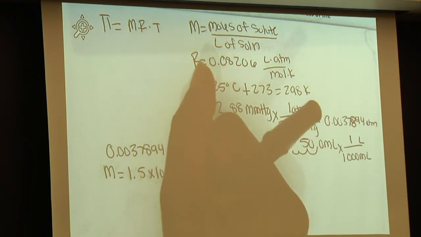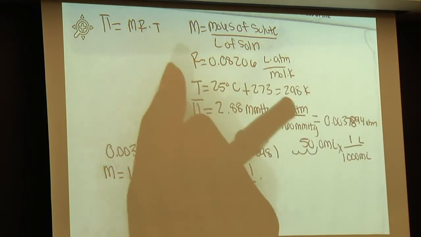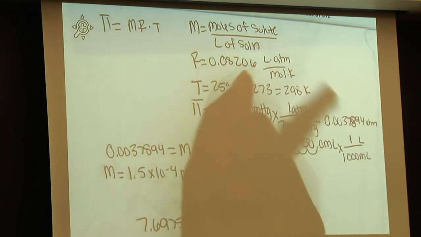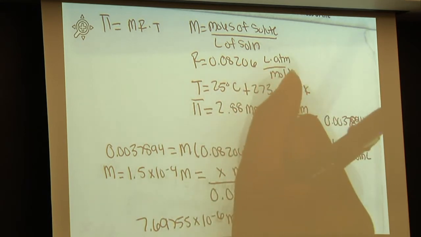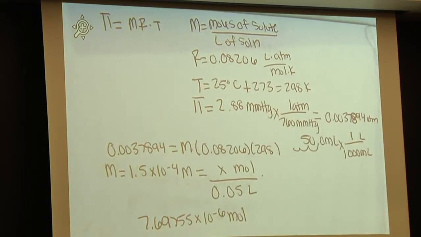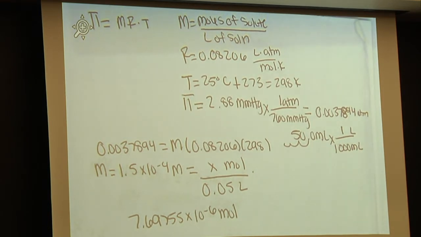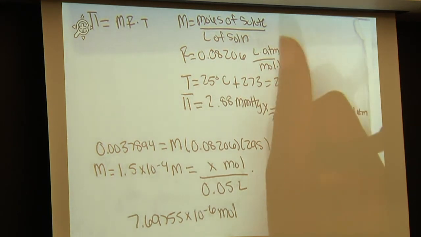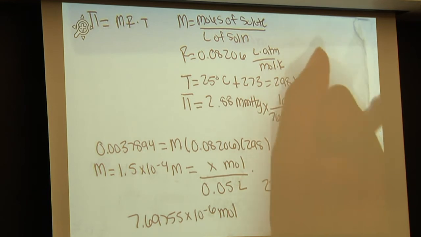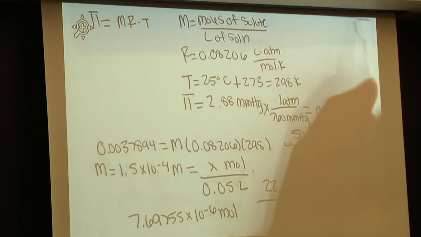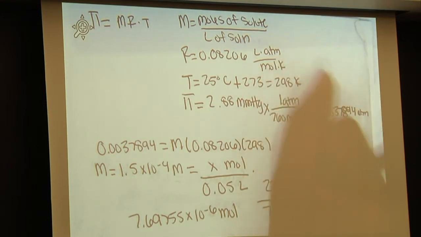And you'll get 7.697 times 10 to negative 6 for moles. And then they gave it to you in milligrams, so you need to make sure you convert milligrams to grams. And that was 22.7 milligrams, or 22.7 times 10 to negative 3 grams over our moles that we just solved for.